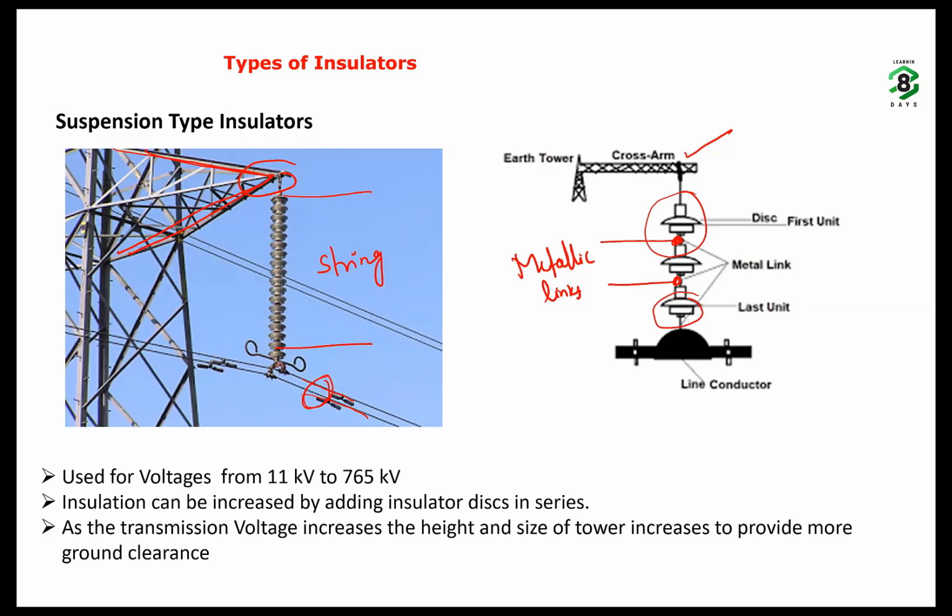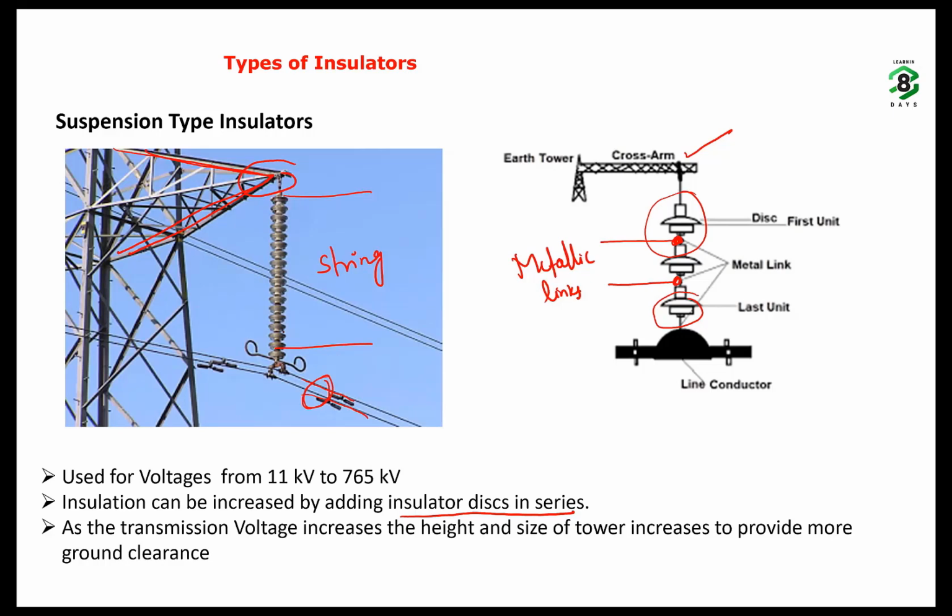It is very easy to increase the insulation just by adding or removing discs in series. If you increase the number of insulators in that string, you can increase the insulation. If you decrease the number of discs in that string, you can decrease the insulation.